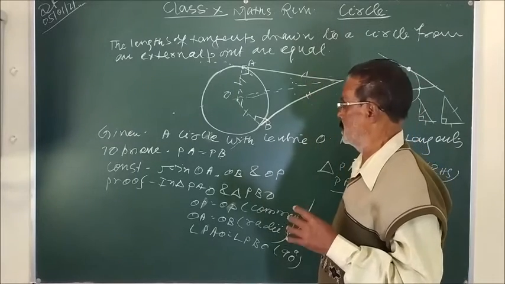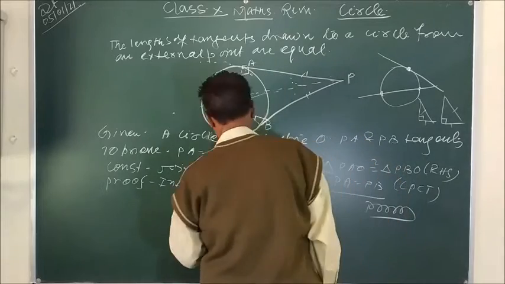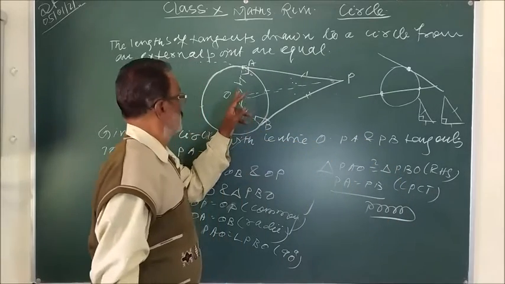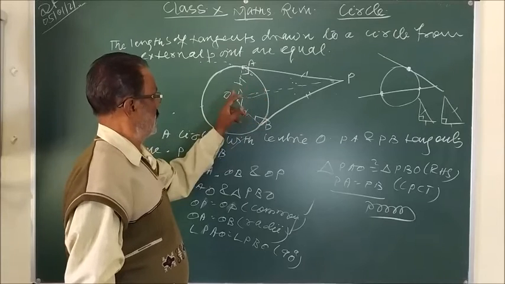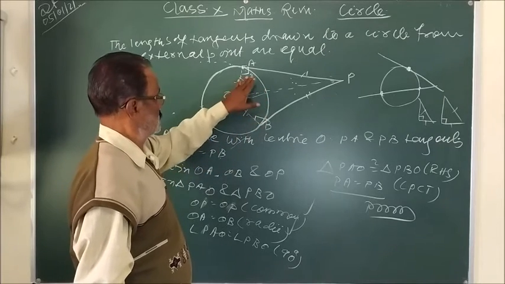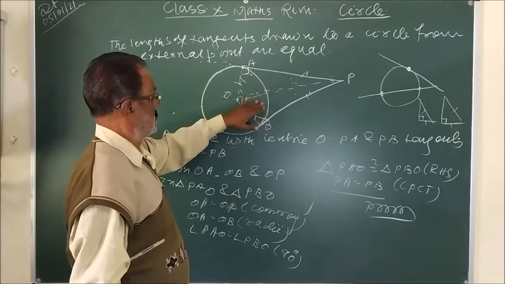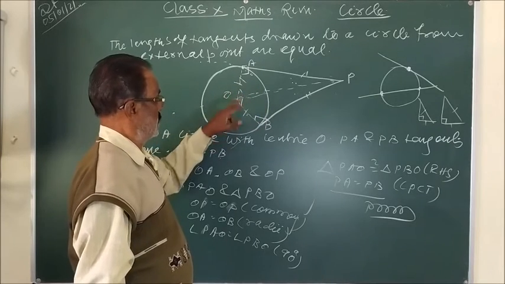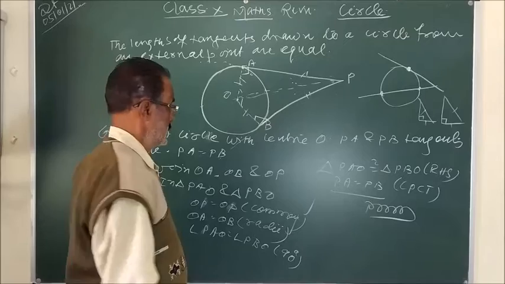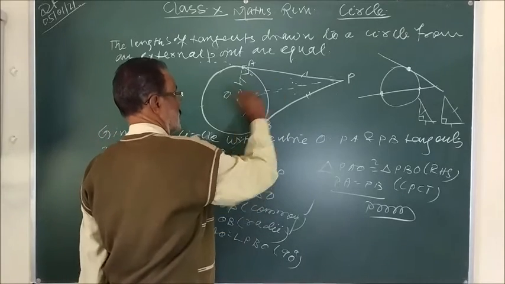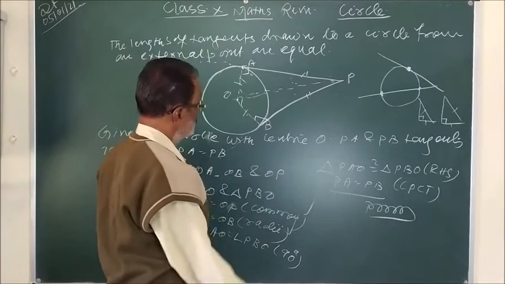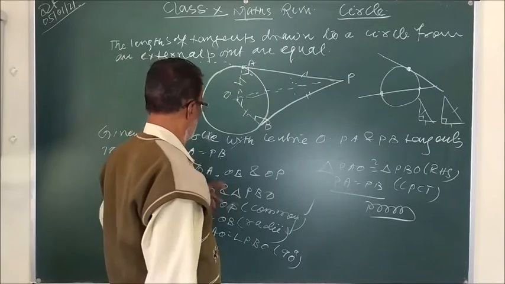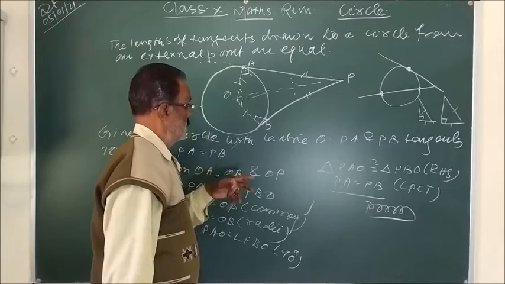Now for the construction, we have joined A, B and P with the center: OA, OB and OP. So this has been divided into two triangles. Both triangles are right angle triangles because this is 90 degrees, according to theorem number 1: the radius is perpendicular to the tangent at the point of contact. Now you see how you can prove it.